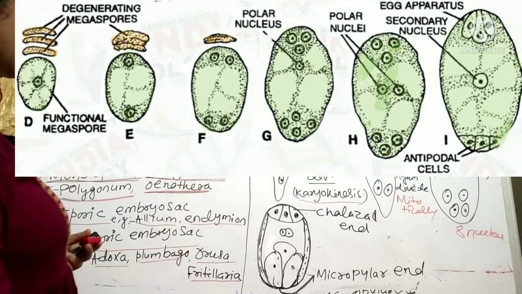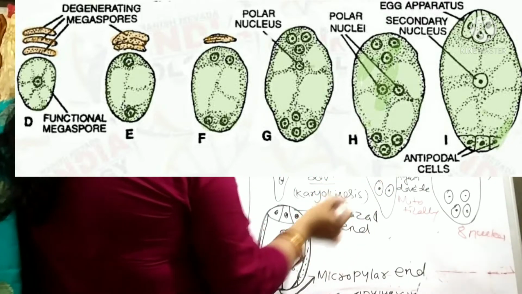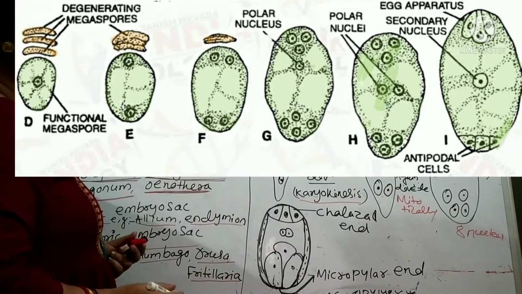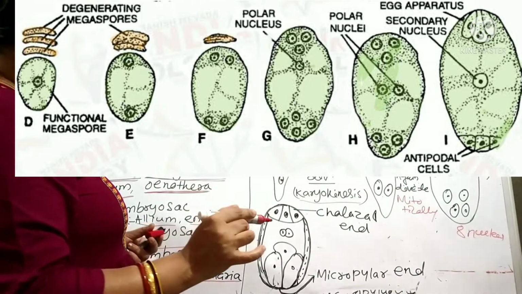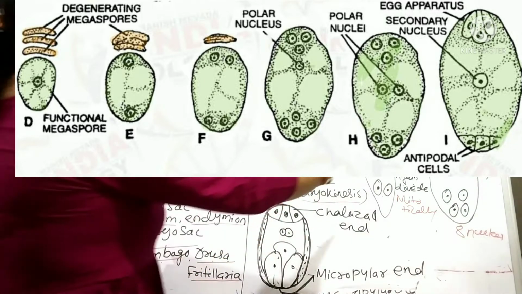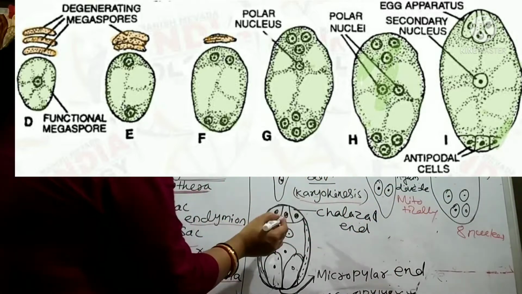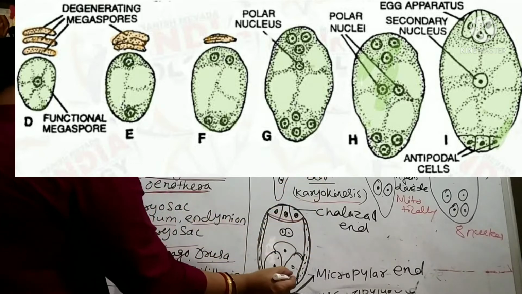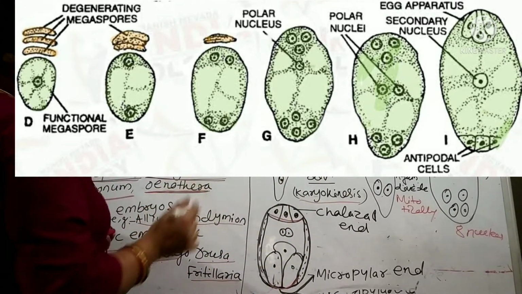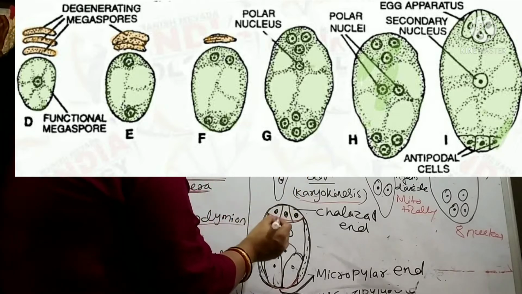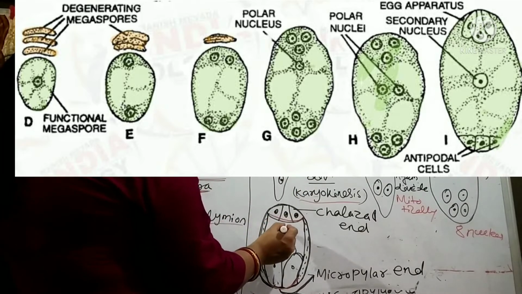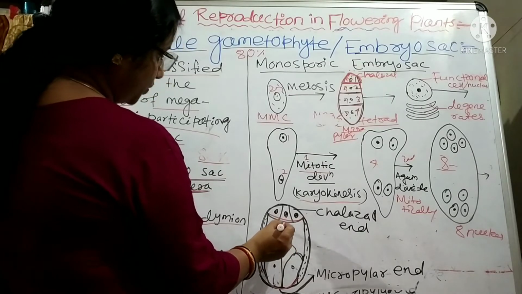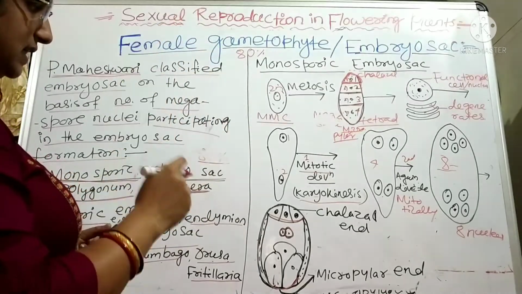At the 8 nucleus stage in monosporic embryosac development, 3 move towards the chalazal end, 3 towards the micropylar end, and the rest 2 nuclei stay in the center of the spore, attached to each other.